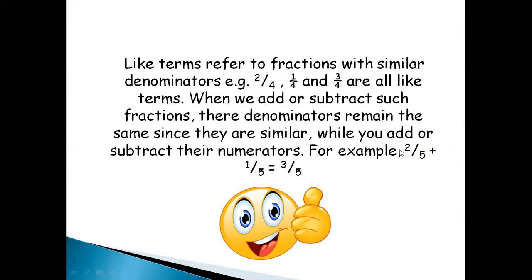Like this, if I'm going to add 2 over 5 and 1 over 5, I'll leave my 5 the way it is. I will just add the 2 and the 1 on top. So 2 plus 1 will give me 3 over 5. So I'll just write 3 over 5. That means my 5 will remain the way it is because I am dealing with like fractions. Do we understand that? Oh, beautiful.